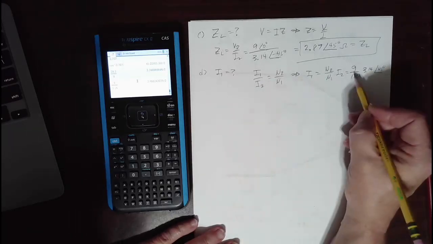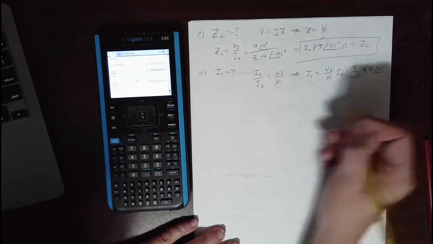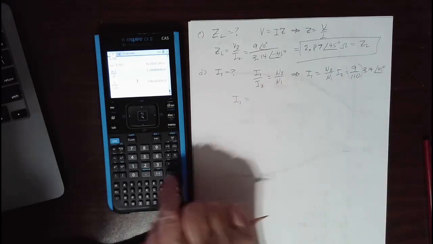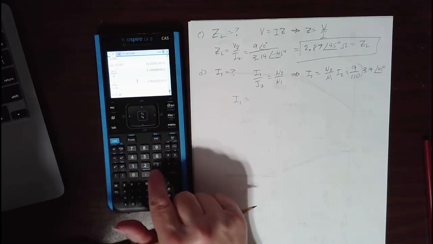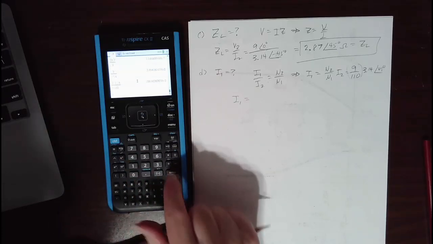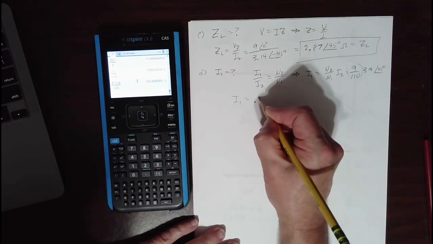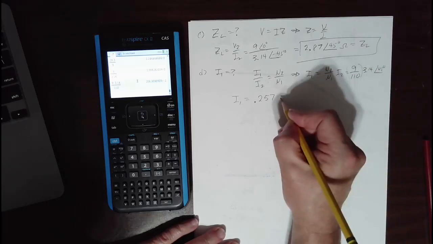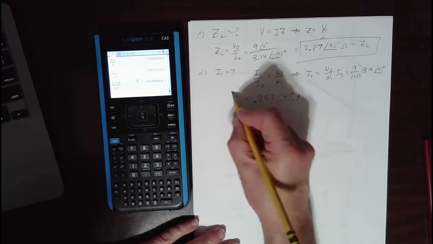Again, the transformer turns ratio is just a real number, multiplies the magnitude, doesn't do anything to the angle. So I1's angle will be the same as I2's angle. So we're going to do 9 times 3.14 divided by 110. So I1 is 0.257, angle of 45 degrees, amps.